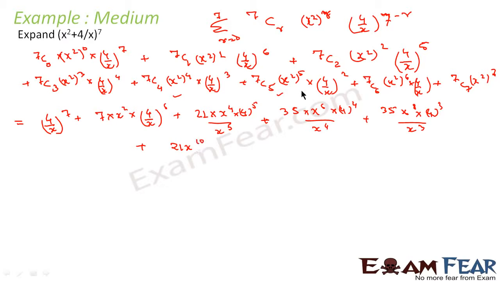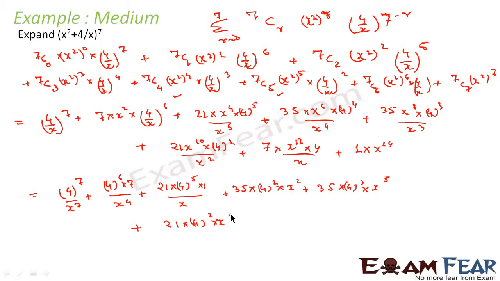which is 21, into x to the power 10, that is (x squared)^5, into 4 to the power 2 by x squared, plus 7 into (x squared)^6, that becomes x to the power 12, into 4 by x, that is x to the power 11, plus x to the power 14.